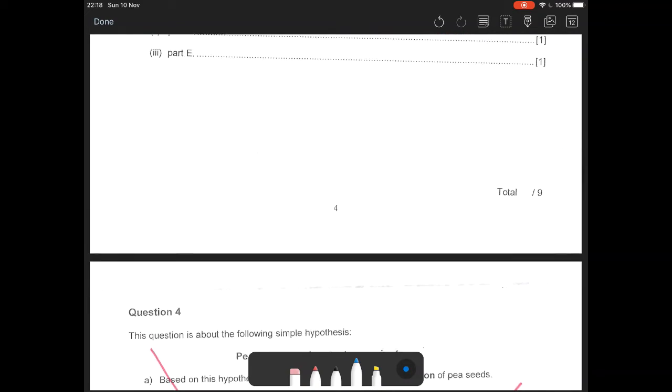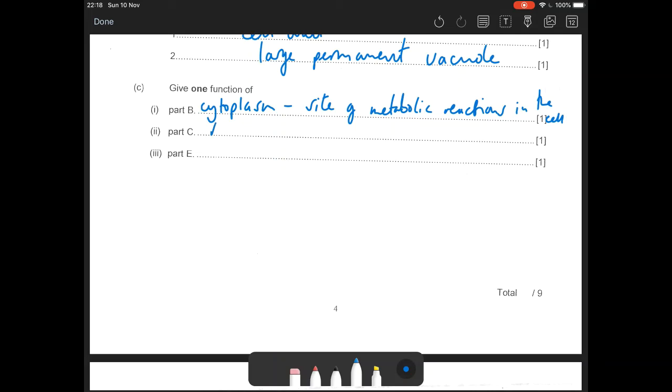The darkened area there, C, that is going to be the nucleus. The nucleus is, we're going to use this phrase here, that it controls the cell's activities. I think it's also worth mentioning it's where DNA is stored, it stores DNA.